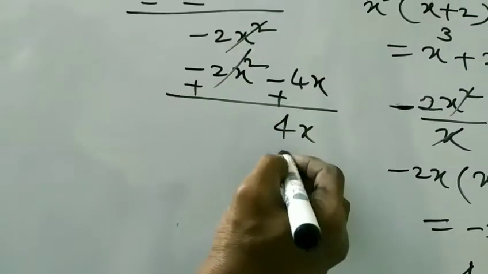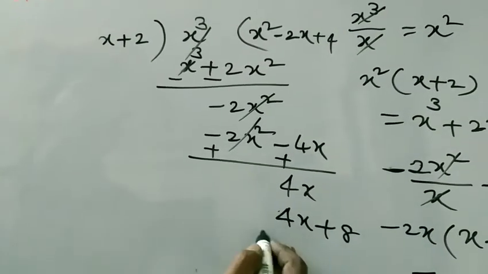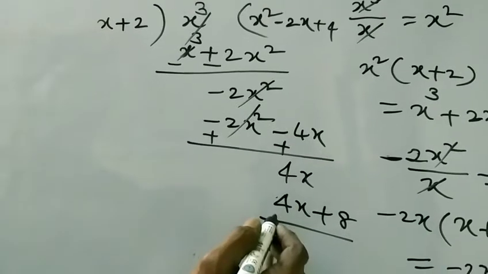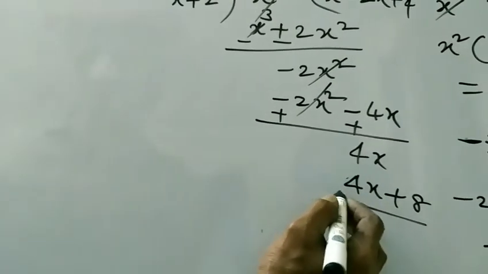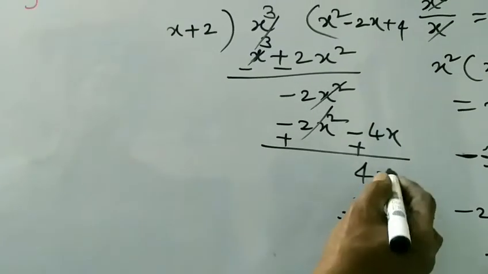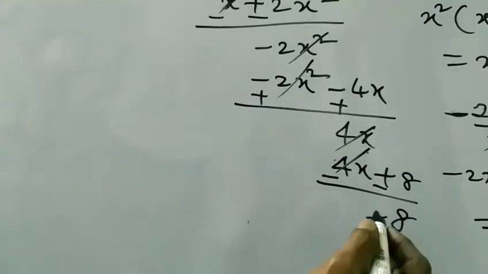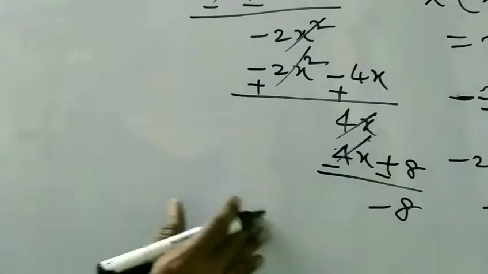So 4x plus 8. On subtraction, plus becomes minus. Here also plus becomes minus. Plus 4x minus 4x both are cancelled. The remaining is minus 8.